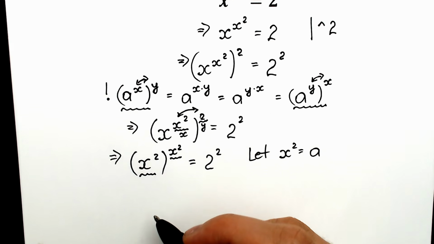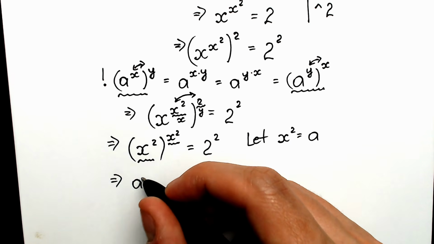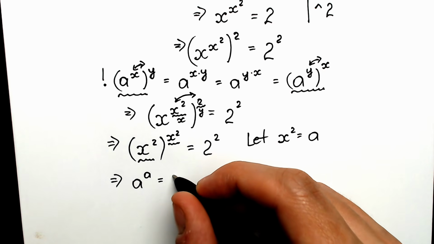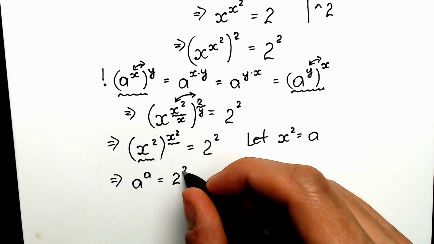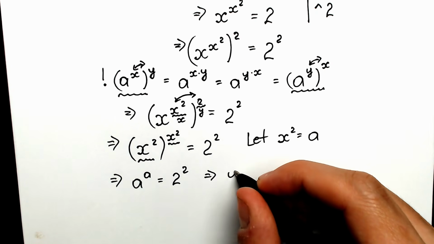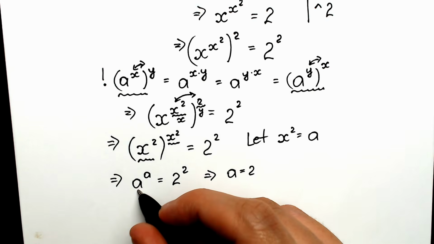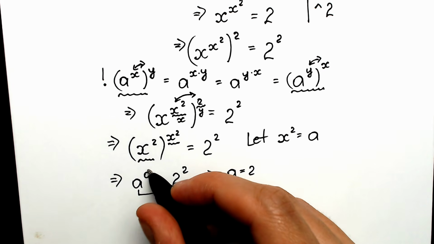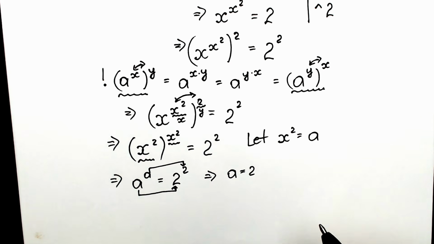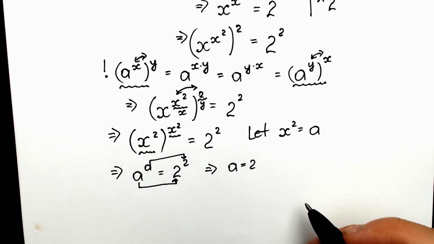So that's why we have the next equation: a to the power a equal to 2 to the power 2, and it's really easy to see that from here a is equal to 2, because we have the same base and the same exponent. But let's go back to our substitution.